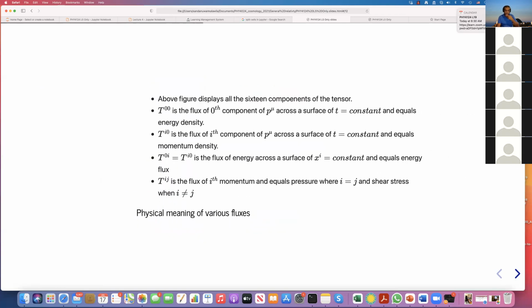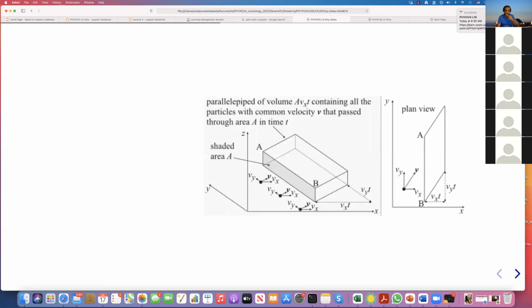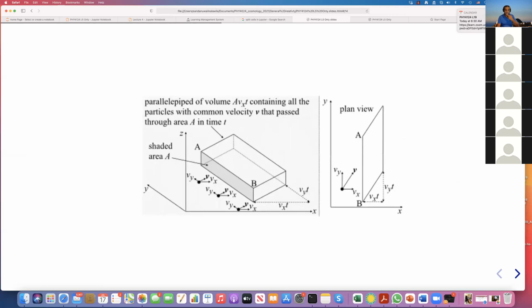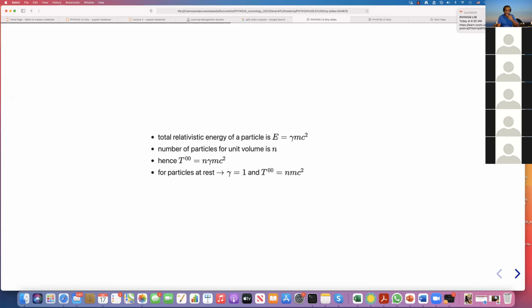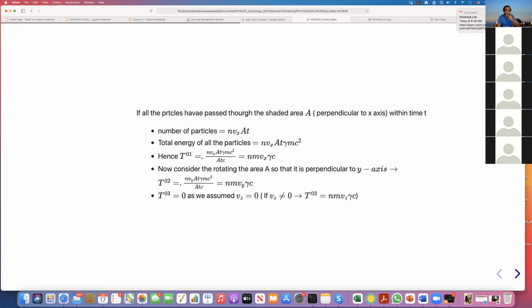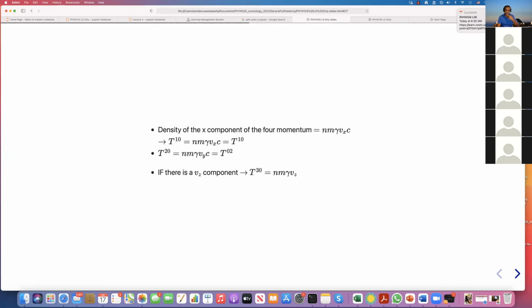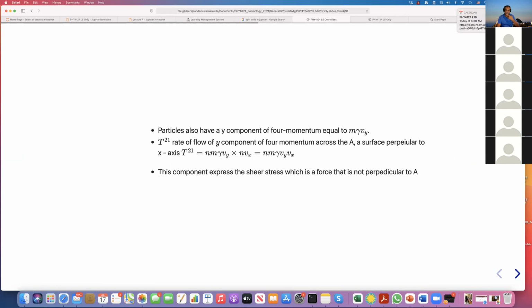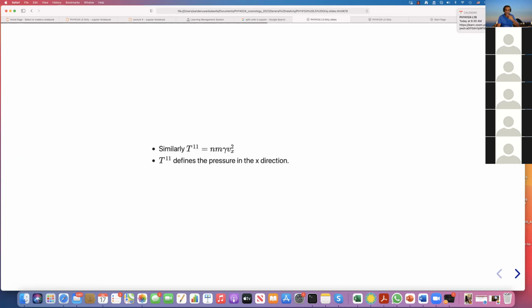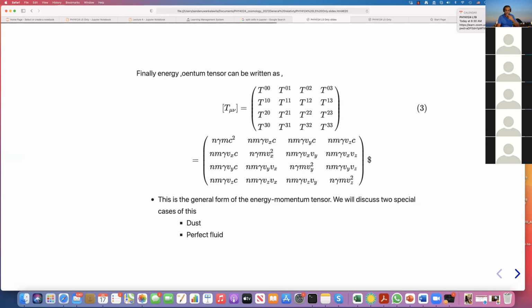We used this particular diagram, and I showed you how to derive some of these components, and the different symmetries associated with this energy momentum tensor.